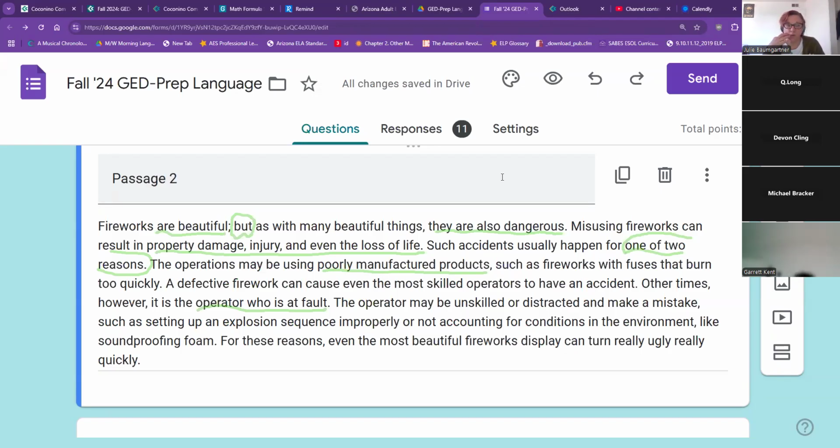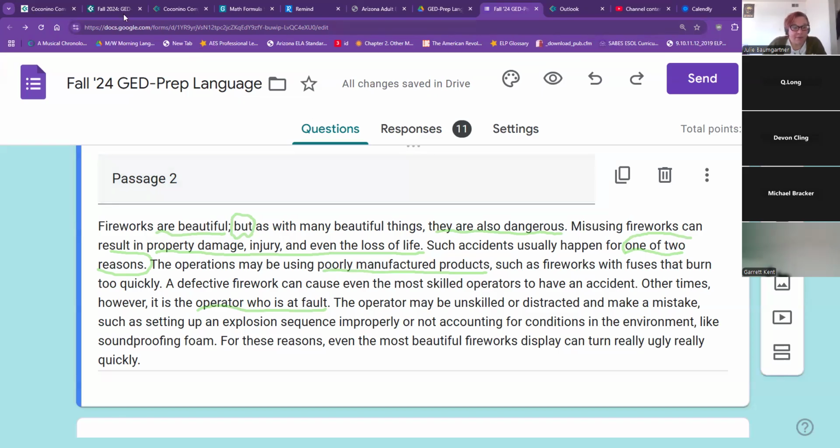And that's one of the challenges, distinguishing between a problem solution text and a cause and effect text versus problem and solution. And we'll see that here below.